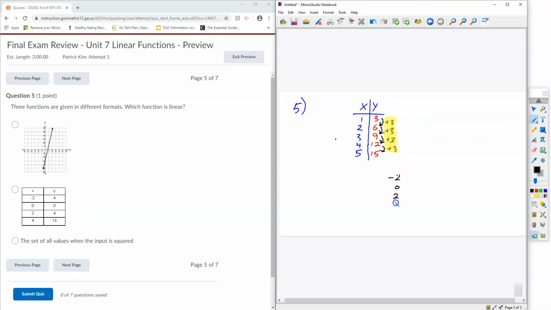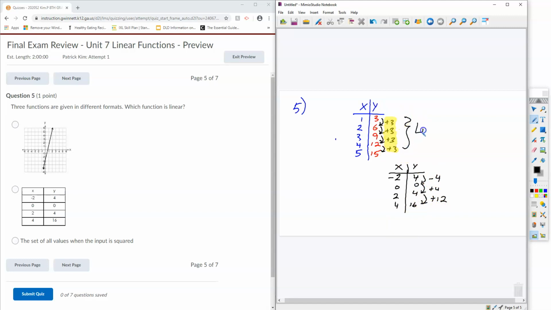Now, let's look at our table here. -2, 0, 2, 4. Technically this is okay on the x side because this has a pattern too. +2, +2, +2. Well, let's look here. This is -4, this is +4, and this is +12. Well, that doesn't work based on what I showed you up here.